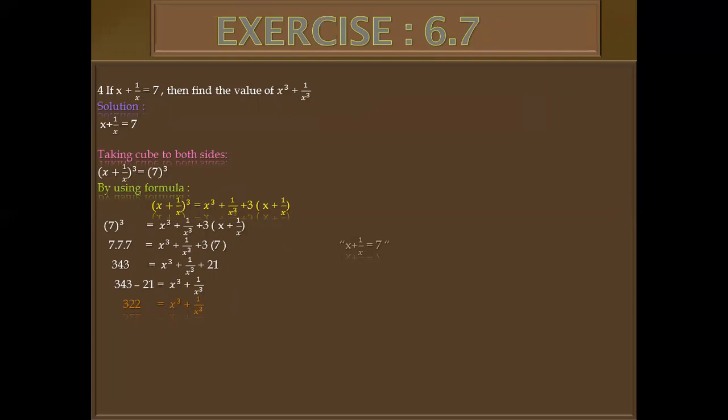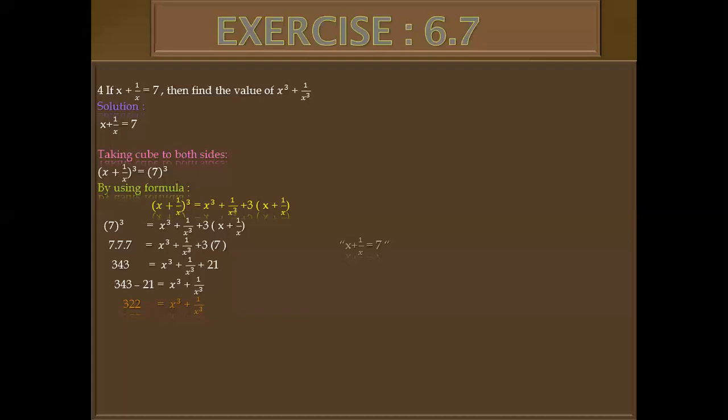When we open the formula, x cube plus 1 over x cube plus 3 into (x plus 1 over x), and instead of x plus 1 over x, what will we write here? 7, because in the question x plus 1 over x is equal to 7. 3 sevens are 21, and the cube of 7 is 343.